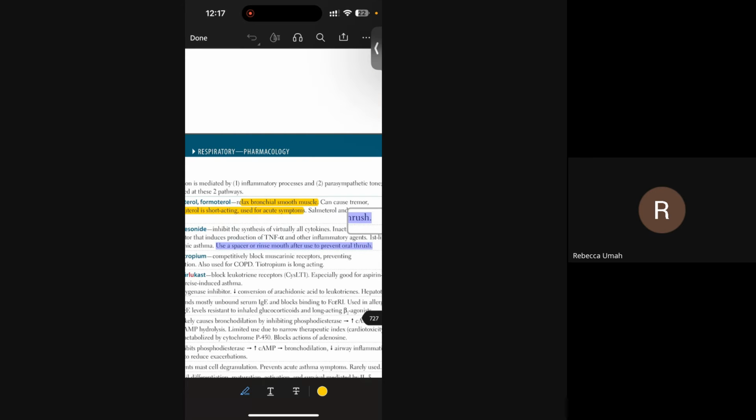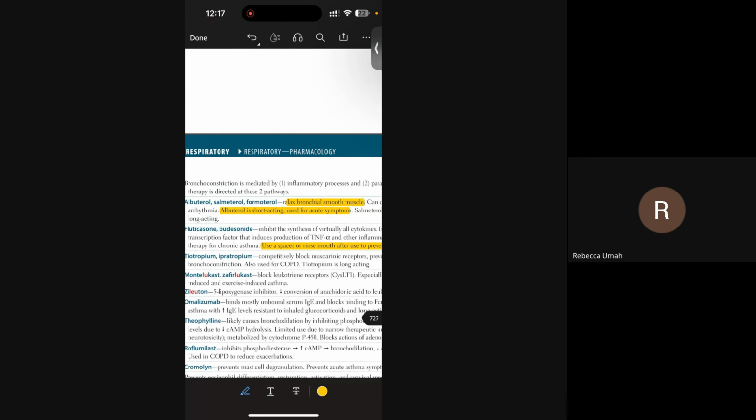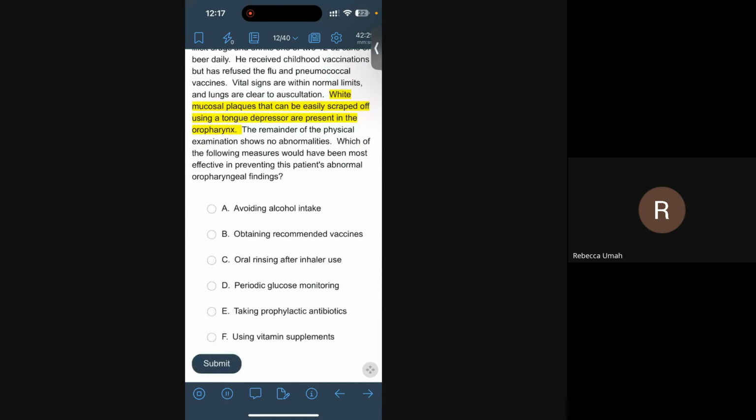Oral thrush is an infection of Candida albicans, a scrapable oral plaque. How can we prevent that? Using a spacer or rinsing the mouth after use to prevent oral thrush. Now you have to tell me which one is the answer here.